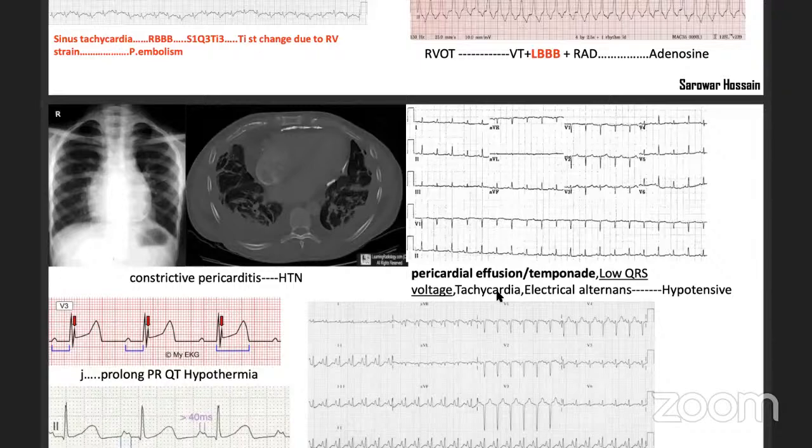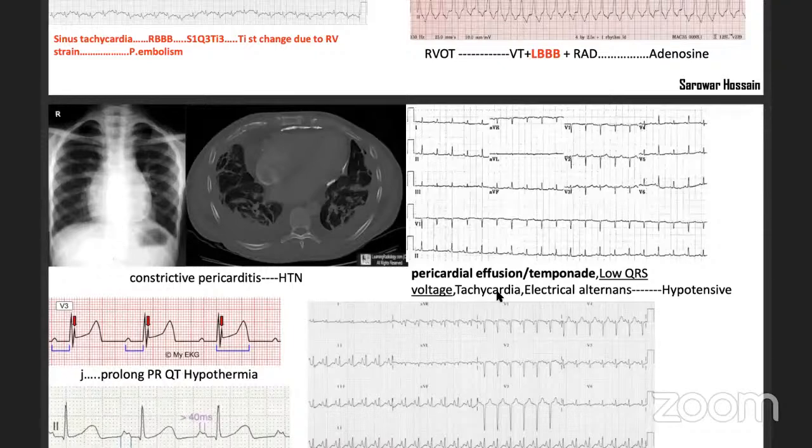You have to treat active TB first, then go for the pericarditis. Because otherwise, when we cut it, it will disseminate to the brain and other systems. Similarly in the heart also, we first treat the underlying conditions like myocarditis or any infection.